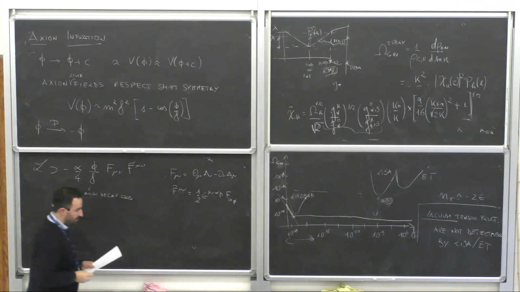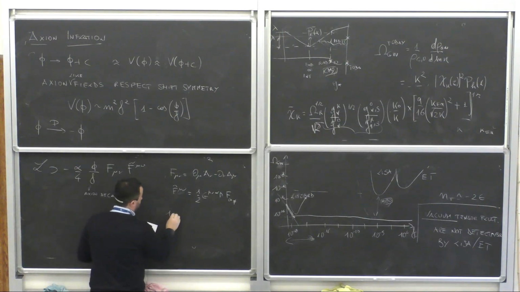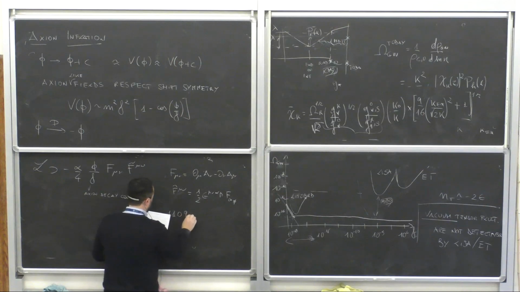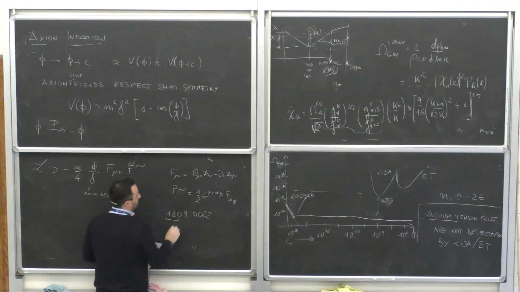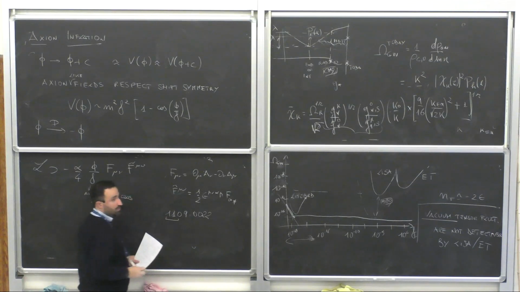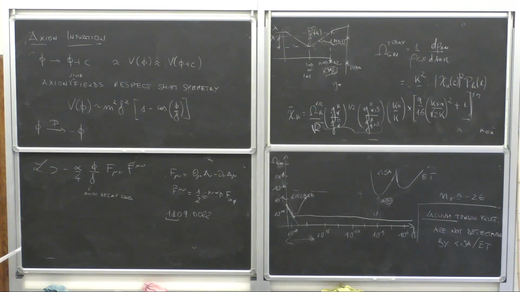The first time this model was studied in an inflationary context was in 2011, by Cook and Sorbo. This is the arXiv number, so you can look there for more details. This is your general Lagrangian.